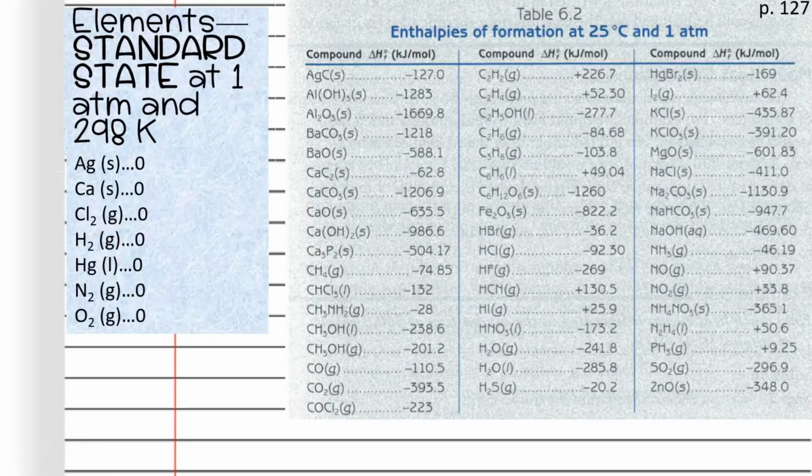Since it's not absolute, it's relative, they arbitrarily assign the value of 0 for the enthalpy of all the raw elements.